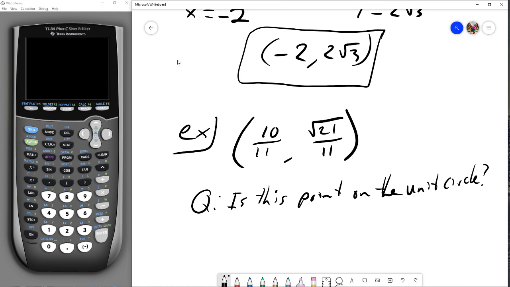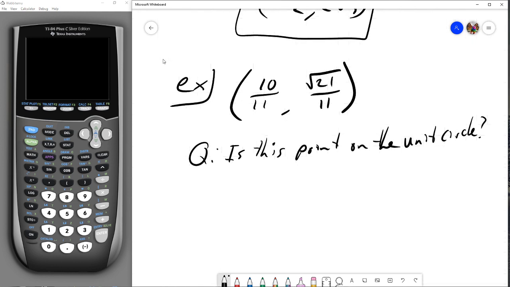If we remember the unit circle, we said it had this equation, x squared plus y squared is equal to 1. We looked at several values, like if theta was pi over 4, the x and y coordinates were square root 2 over 2, comma square root 2 over 2.